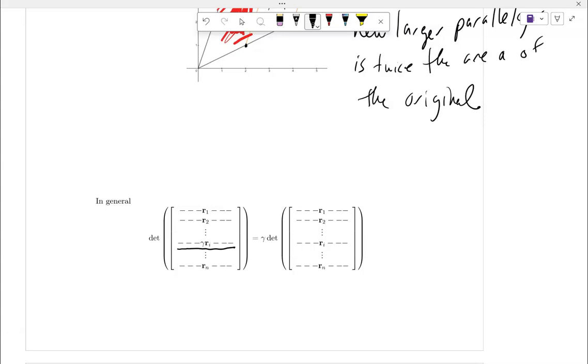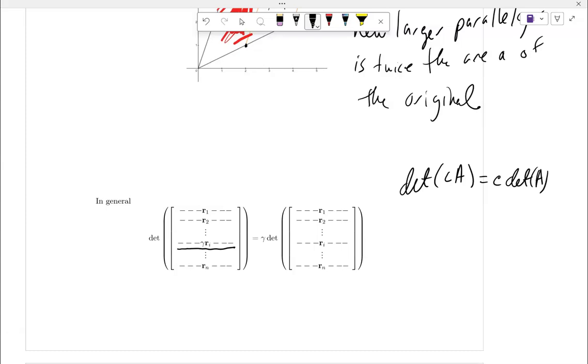If I did it to every single row, I'd have to have a gamma to the n out in front. Okay, so be careful. Mainly what I mean is that if you've got the determinant of a scalar times a matrix, it's not simply pull the scalar out.